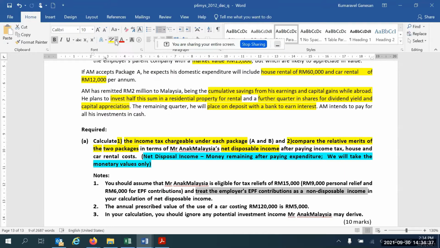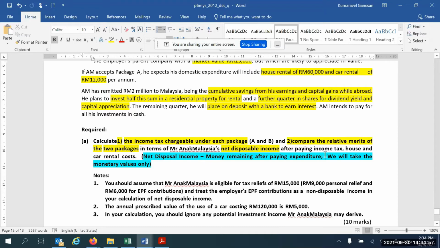So what is disposable income? It is actually all your cash remuneration minus your expenditure in cash. Okay, that is disposable income: money remaining after paying expenditure.